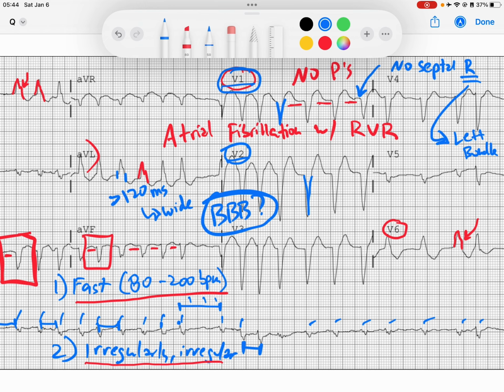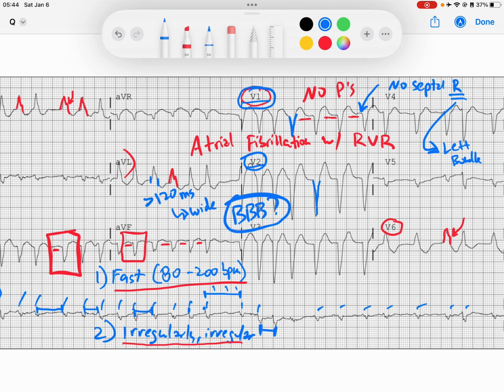But because we have lost those, in the setting of these slurred RS R prime in the lateral leads, and the loss of a septal R wave, we can say that this is a left bundle branch block.